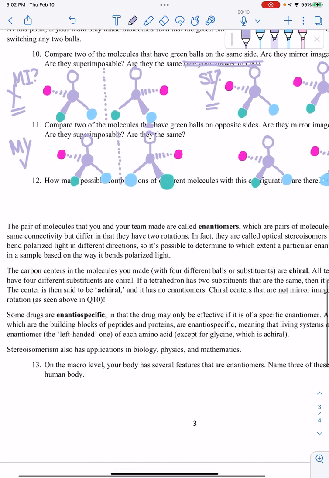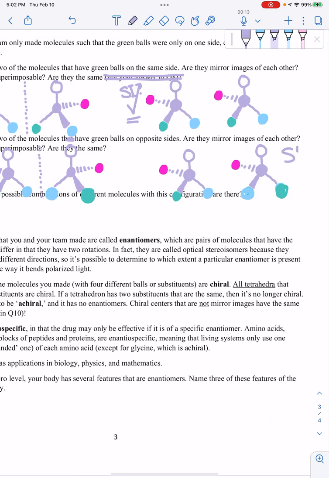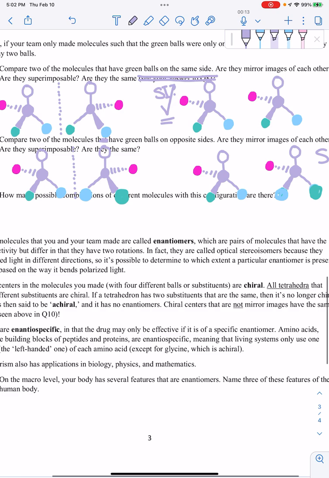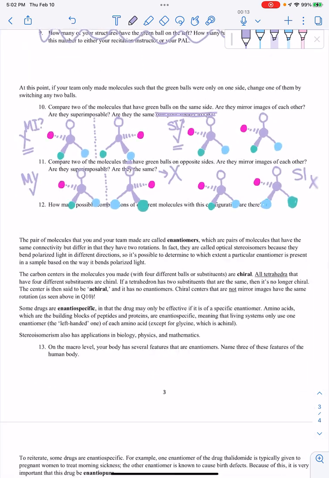So while they are mirror images of each other, they're not superimposable. And since they're not superimposable, they are also not the same molecule. So a little bit different than question number 10.